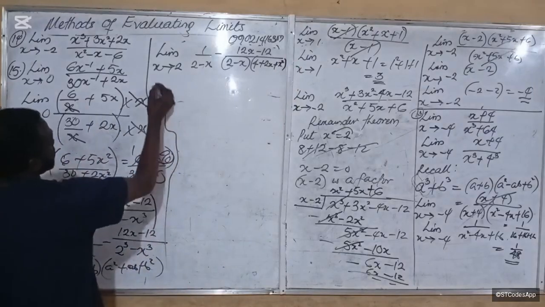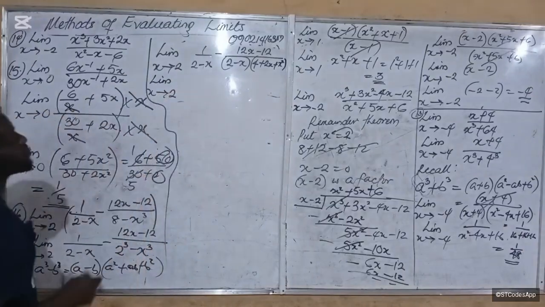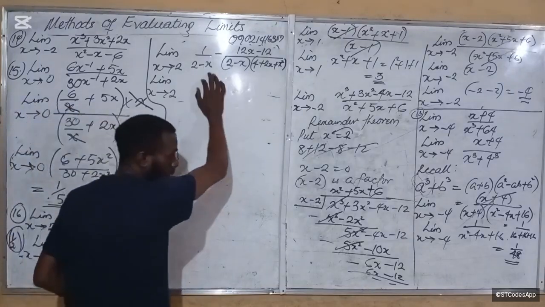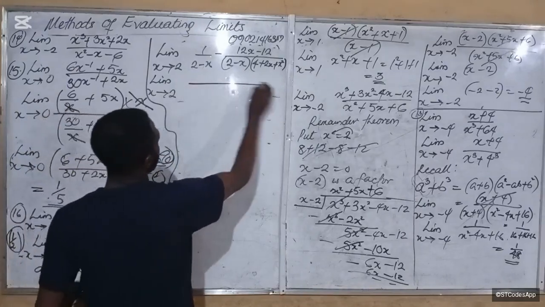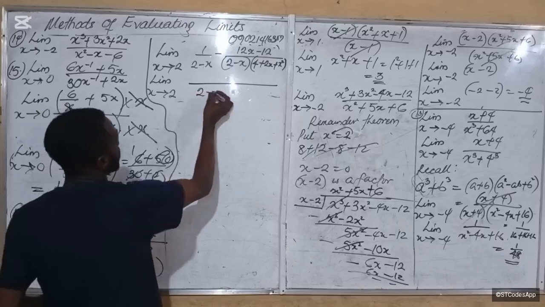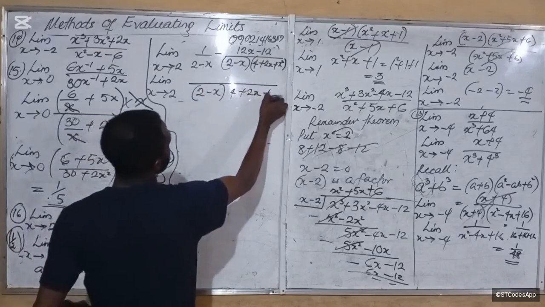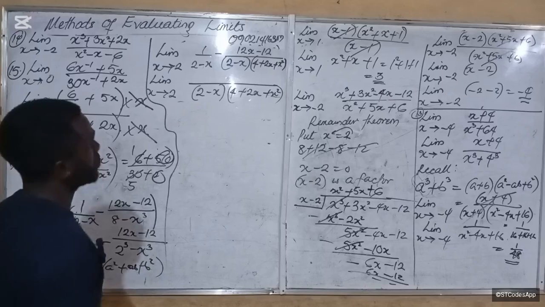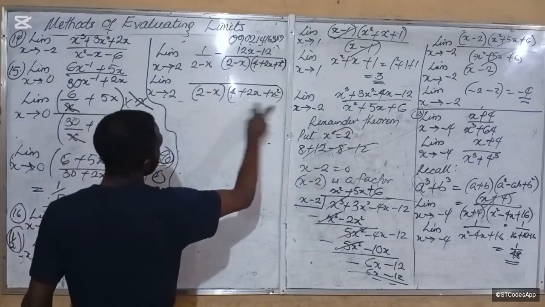Now let's join the fractions. We have 2 minus x as common, and 4 plus 2x plus x squared. That's the LCD. So this in this LCD will remain this, right?